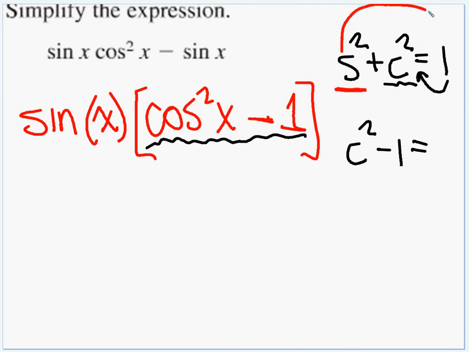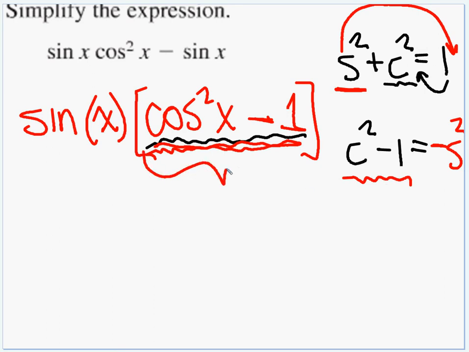We're going to subtract it from both sides. So now on the other side, it's going to be a minus sine squared. So look what I underlined here in black, the cos squared minus 1. Here is cos squared minus 1. We are going to replace cos squared minus 1 with a negative sine squared x.